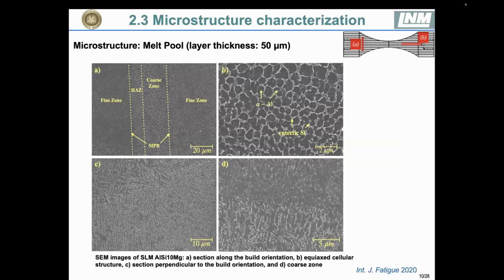In the material, we can also see that it can be divided into a fine zone, a heat affected zone, and a coarse zone. There is also some eutectic silicon precipitation shown in this figure, which may also have an effect on the fatigue lifetime.